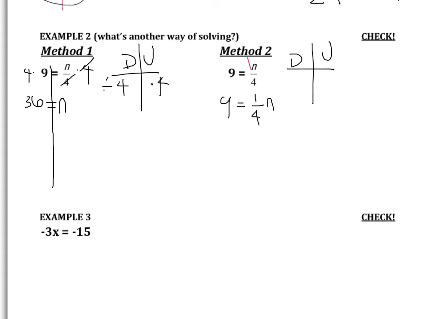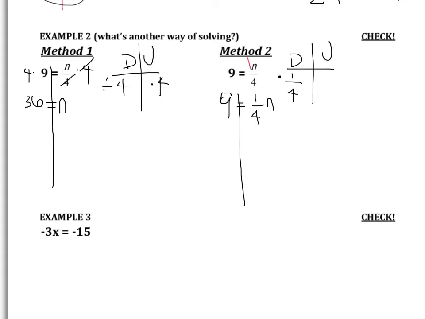Now let's ask ourselves, what's happening? Let's make that look more like a 9. I have my line down my equal sign. Right now, what's happening to n? Well, 1/4 is touching n, and when 1/4 touches n, that means multiplication. So we are multiplying by 1/4.